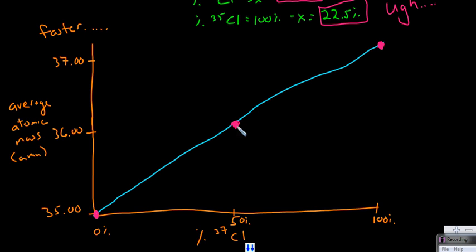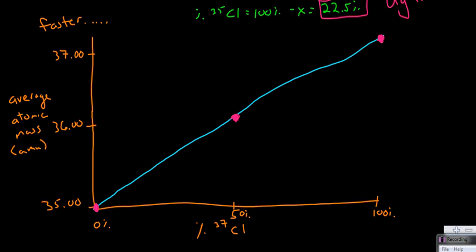We know that having 50% chlorine-35 and 50% chlorine-37 will give us an average atomic mass of precisely in between 35 and 37, 36.00. And so you can see that there is a linear relationship between average atomic mass and the percent of chlorine-37.